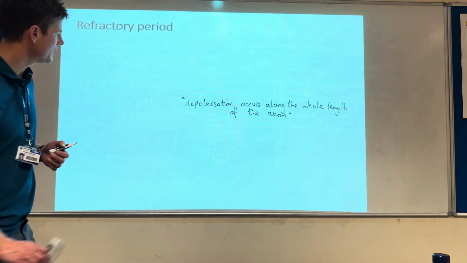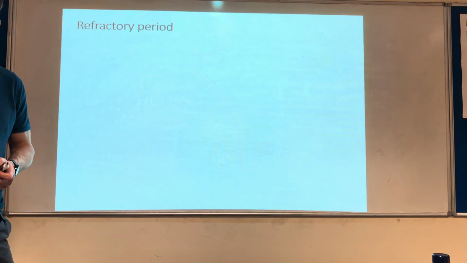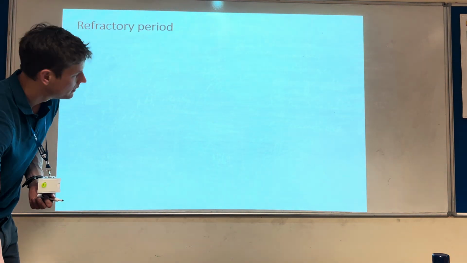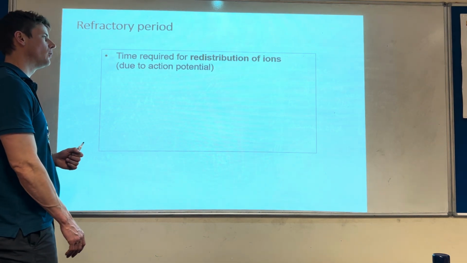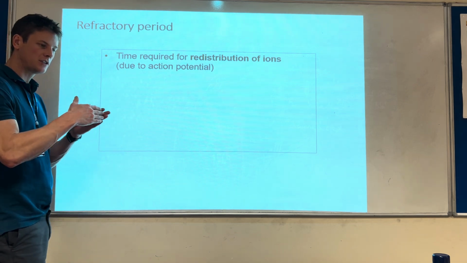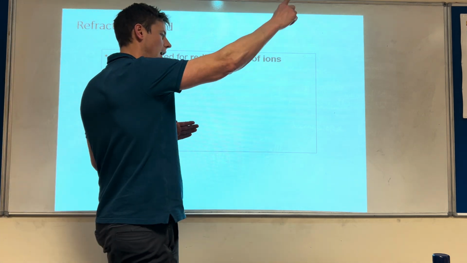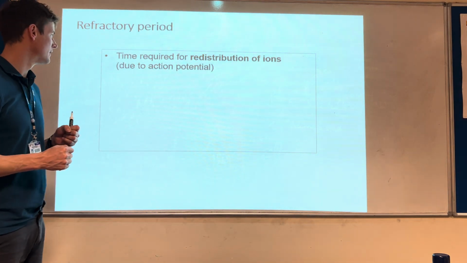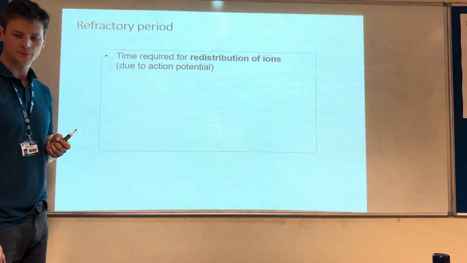Okay, another term here to introduce, which is the refractory period. So the refractory period is the time taken for the redistribution of ions. So as soon as depolarization begins and until hyperpolarization finishes, this can be considered the refractory period.